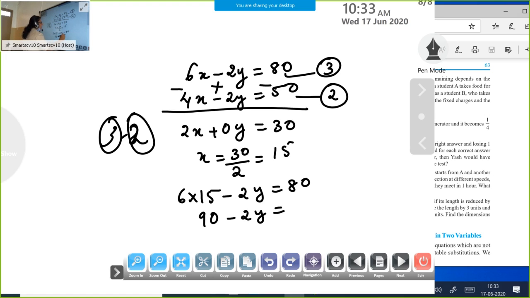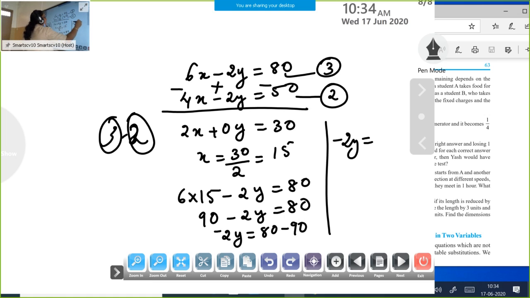Minus 2y is equal to 80 minus 90, that is minus 10. y is equal to minus 10 divided by minus 2, that is equal to 5. Then x is equal to 15 and y is equal to 5.